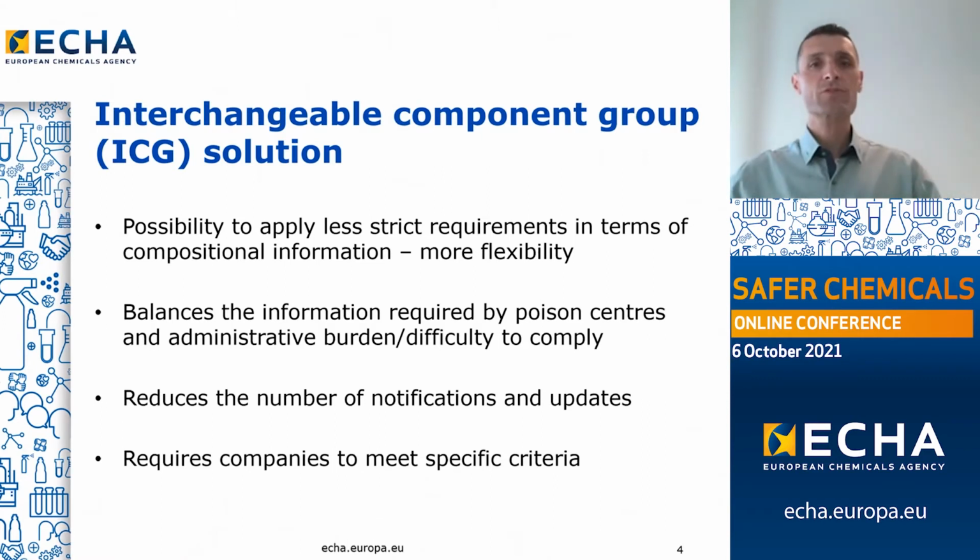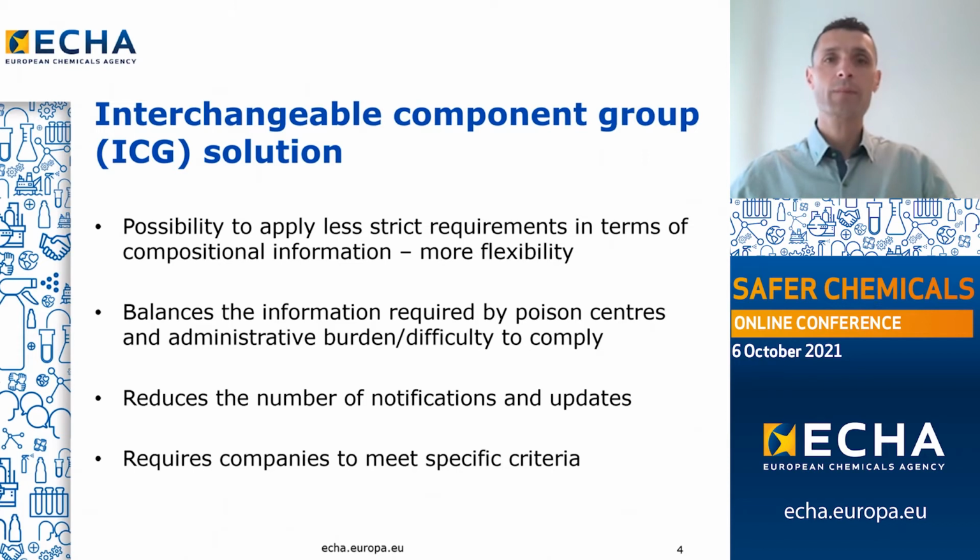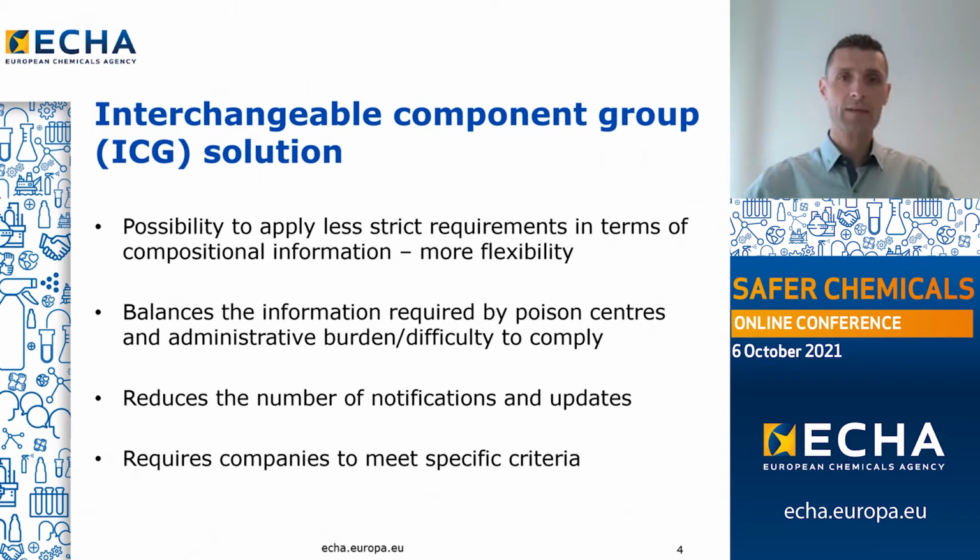And the solution seeks a balance between the information which is needed by the poison center and the objective difficulty, administrative burden and difficulty to comply with the legal provision. So the main benefit is a reduction in the number of notifications which are needed and in the number of updates. Of course, it is necessary for the components grouped in an interchangeable component group to meet specific criteria, which I will present shortly.